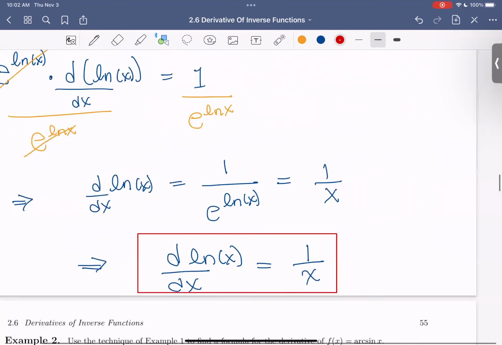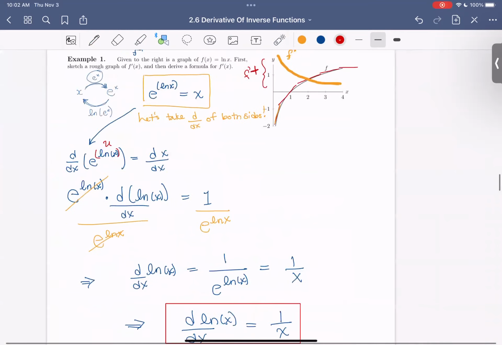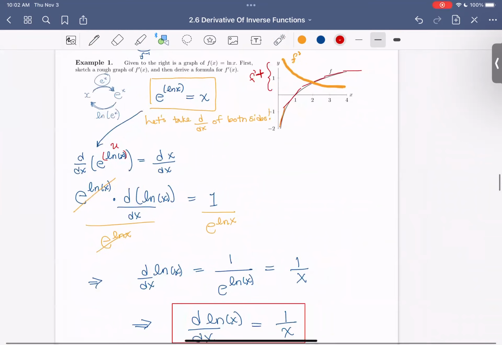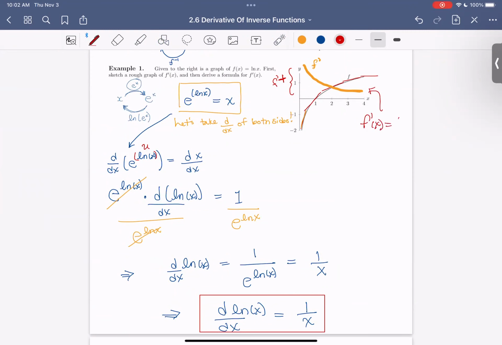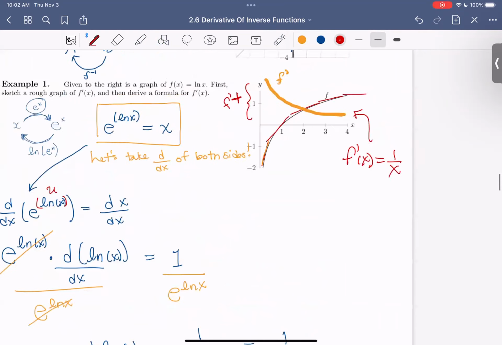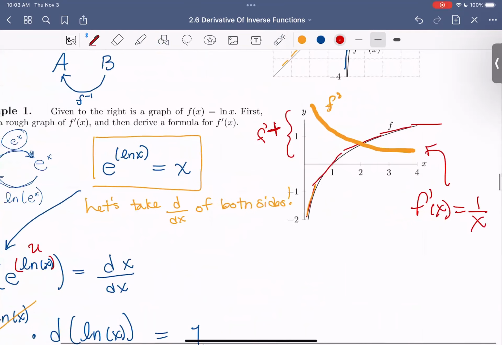And then now let's compare what we just computed with our sketch of the derivative here. So we found that f prime should be equal to 1 over x. And let's see, does our graph look like that? Well, for the function 1 over x, we're starting with 1 and then dividing by our input. So the smaller the input, the larger our output.